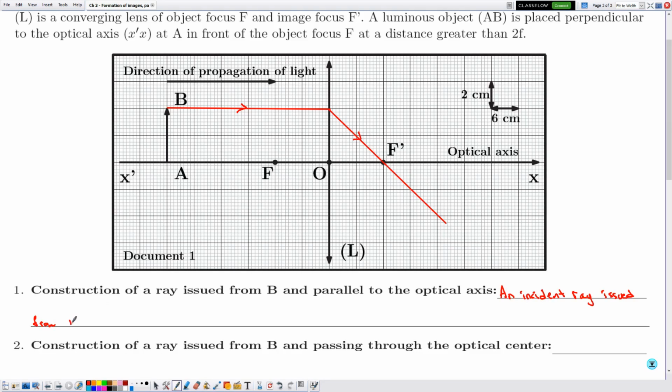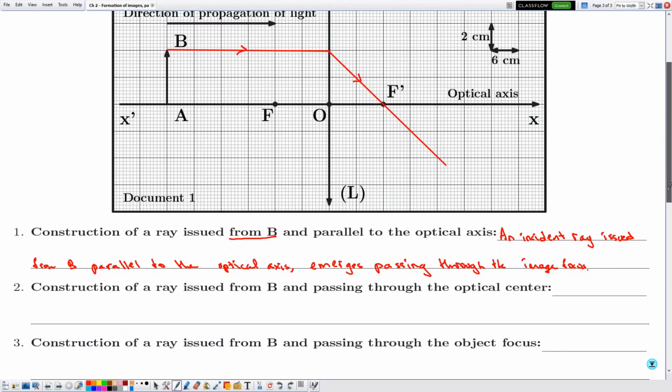From the point B, because here they are telling me issued from B, and issued from B parallel to the optical axis, emerges passing through the image focus. So this is it for part 1.